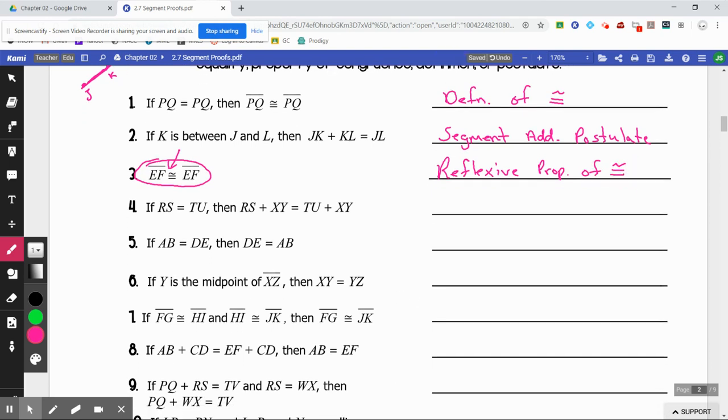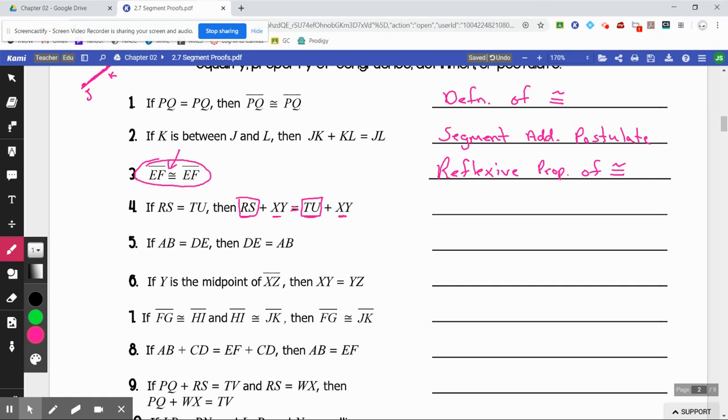If RS is equal to TU. Notice what you've done. You've taken RS and TU and added them to each side of this equal sign. You had an XY and an XY. XY is equal to itself, but you added RS and TU to each side.